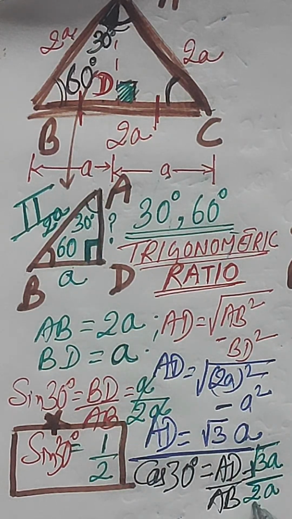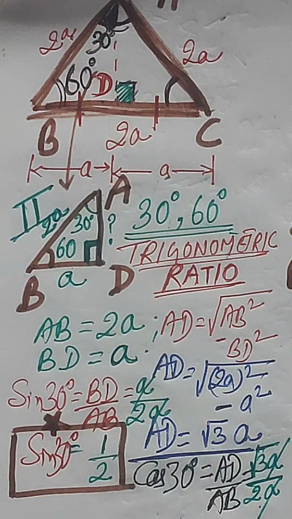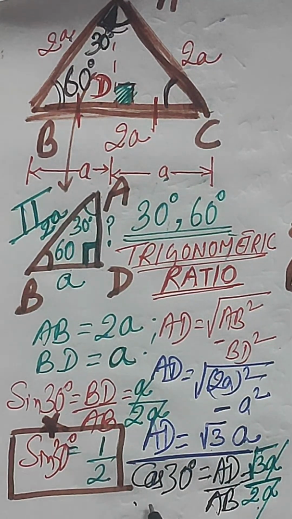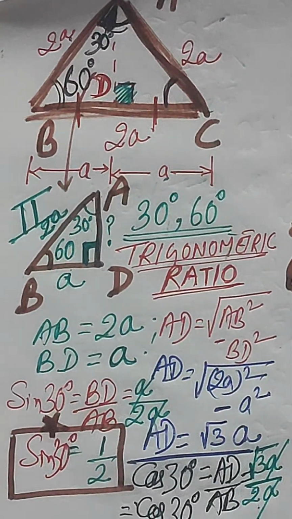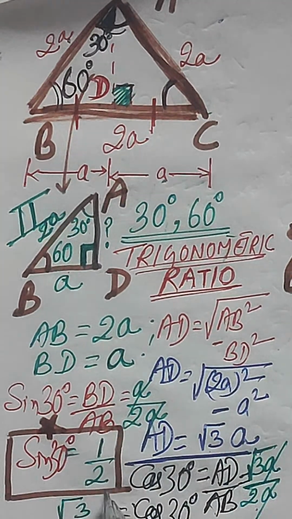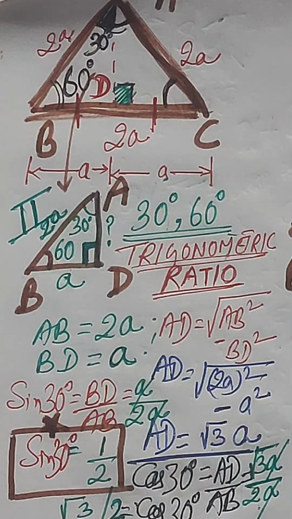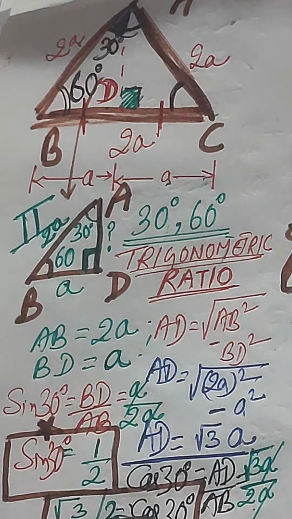So here you can see A and A will be cancelled out, and we get the value of cos 30 degree as equal to root 3 by 2. So in this way we have calculated the value for cos 30 degree, students.